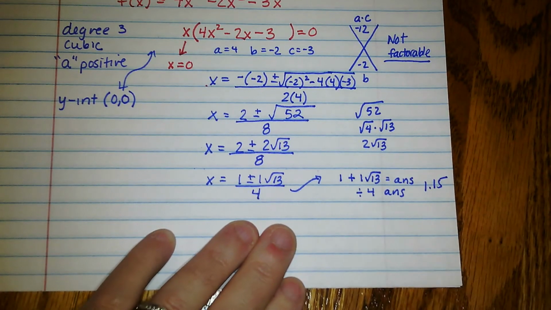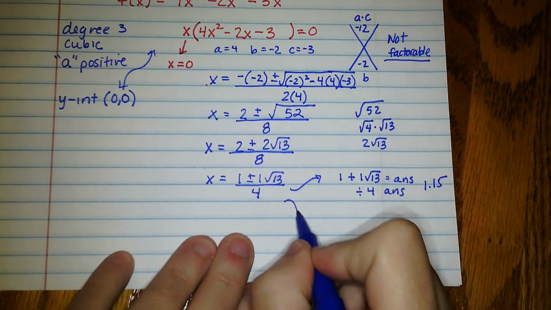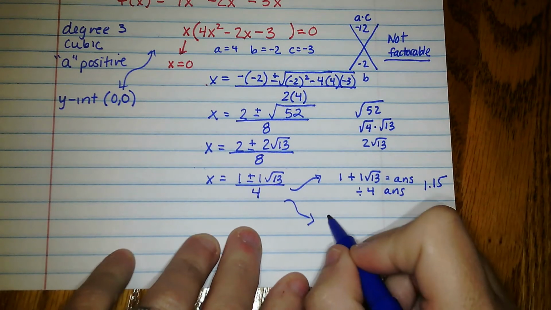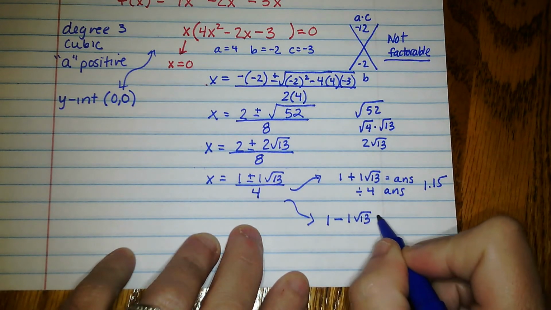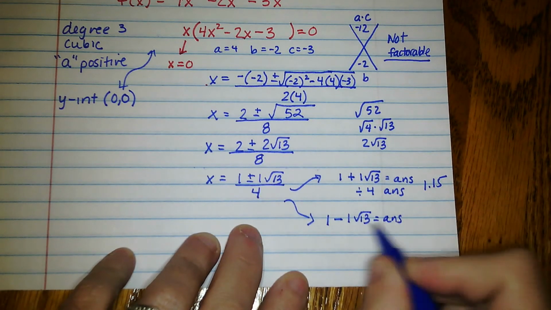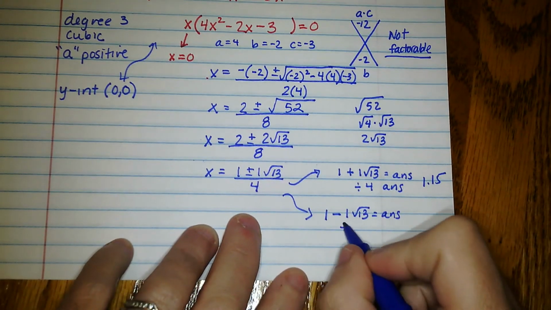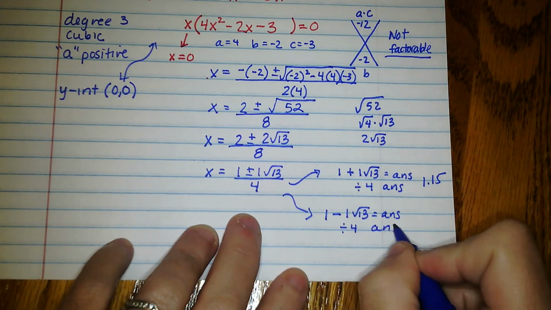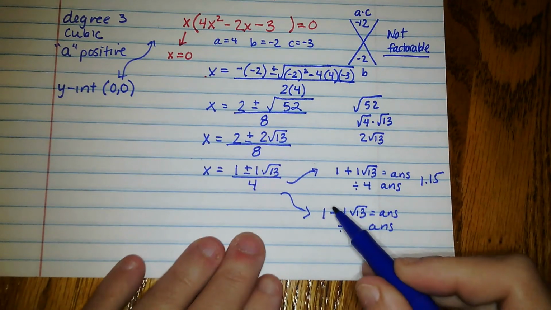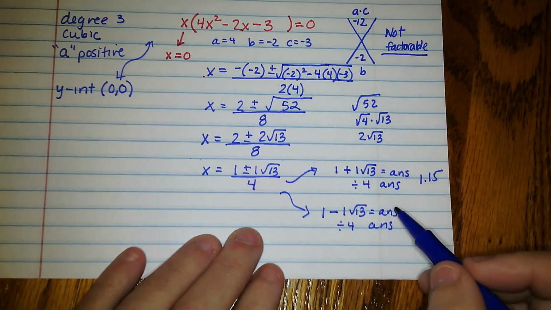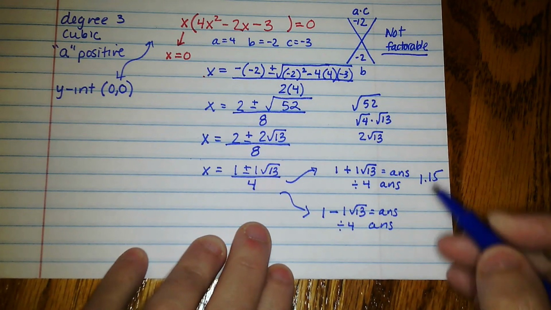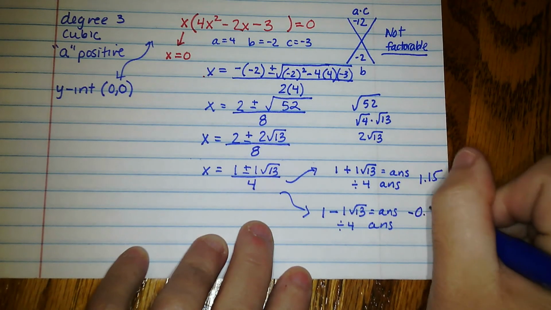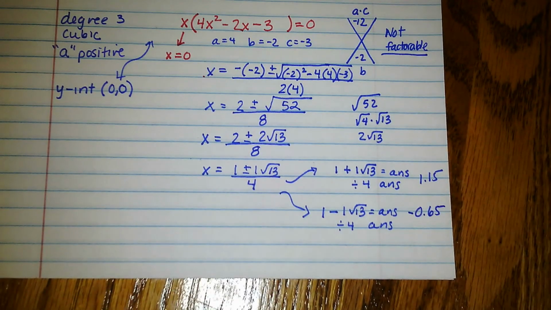That's the positive answer. Then I had to do the negative answer. So I have to do 1 minus 1 radical 13. I have to get that answer, then divide by 4, and then hit the answer button again. So I'm doing just the top, calculating it, getting a whole value, then dividing the whole thing by 4, and then getting a value. And when you do, you should get negative 0.65. What does that mean?